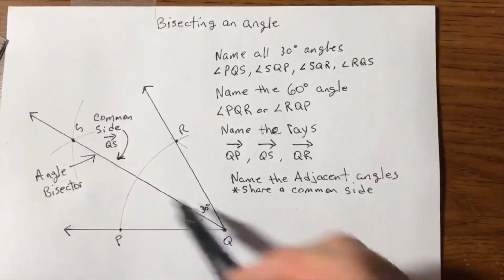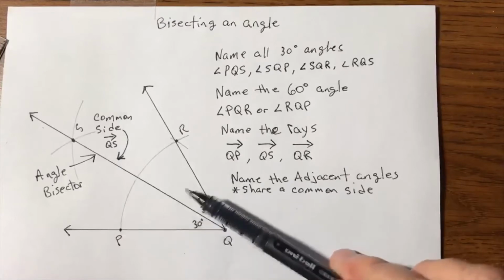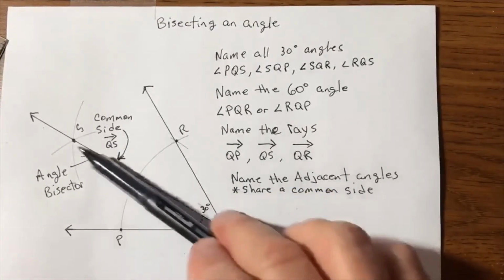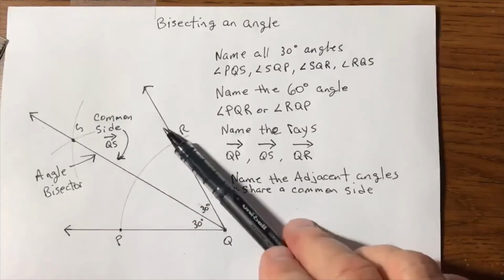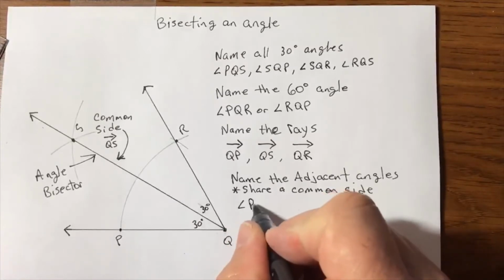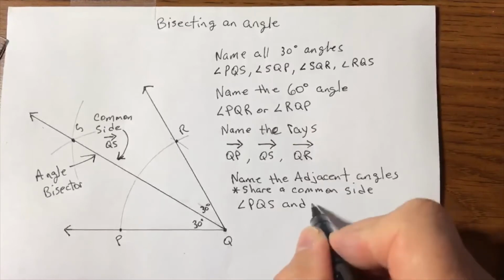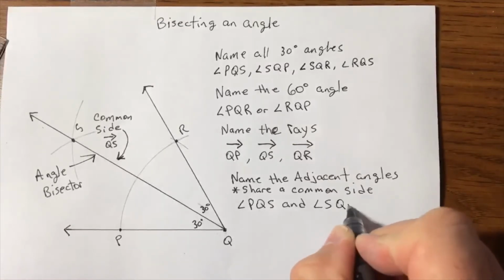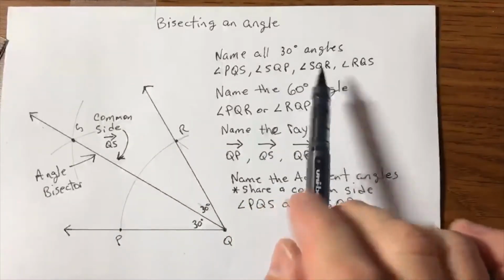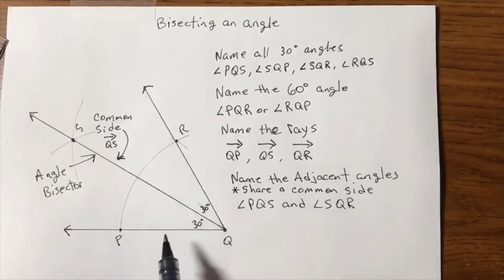So the adjacent angles, here's my common side, and my adjacent angles that share that common side would be the PQS and the SQR. Alright, so adjacent angles are angle PQS and angle SQR. Now we could have named them differently. You've seen how we could name them.